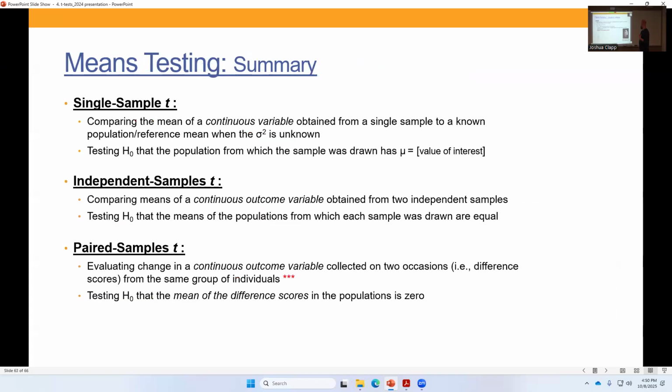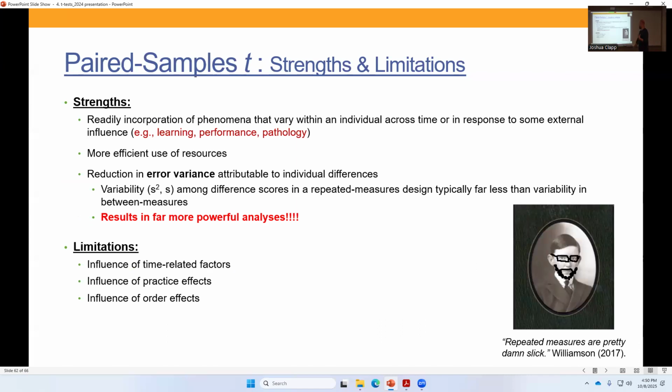But we do have limitations, right? Influence of time-related factors. If I'm just measuring you today and you next week on things, there's all sorts of things that start to build in as that time duration increases. It increases compounds that start to change things.